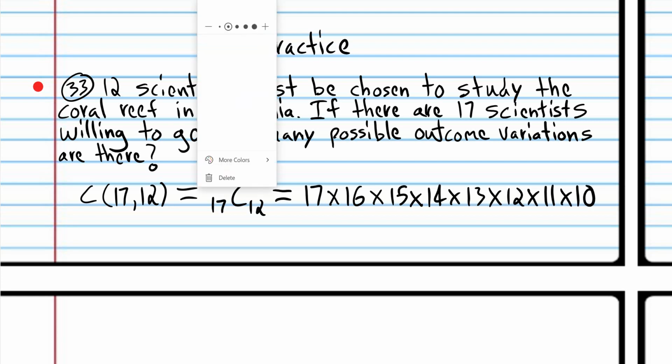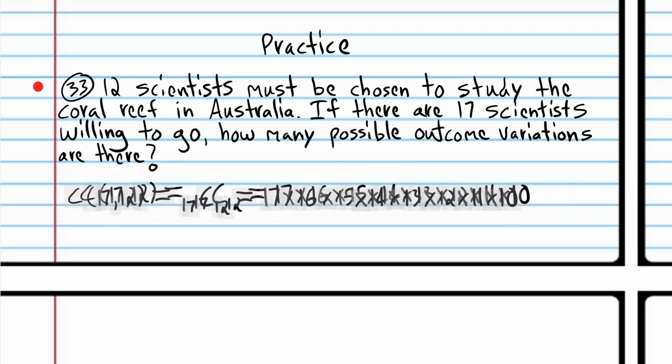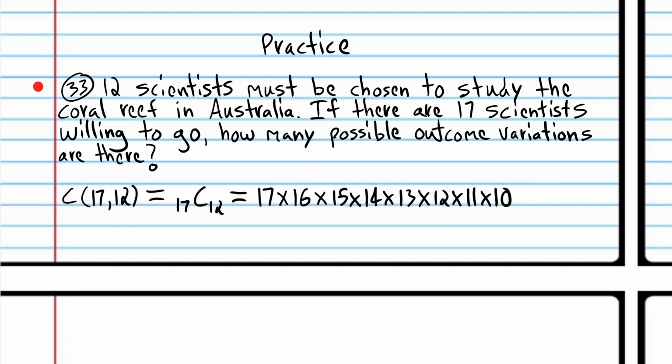We need 12, so that's 1, 2, 3, 4, 5, 6, 7, 8, 9, 10, 11, 12, because there are 12 scientists that we're choosing.